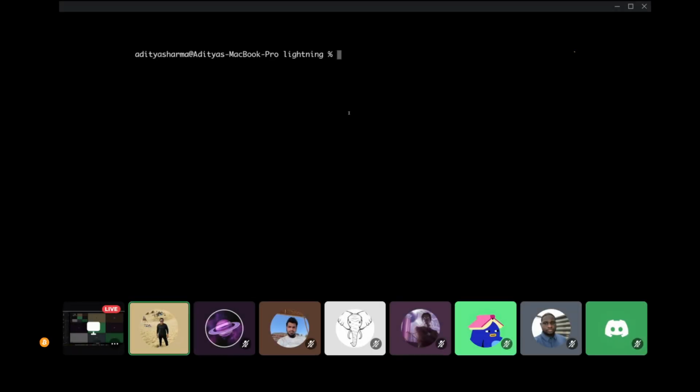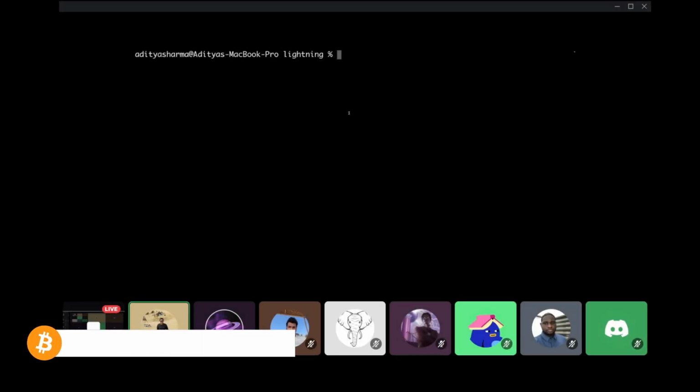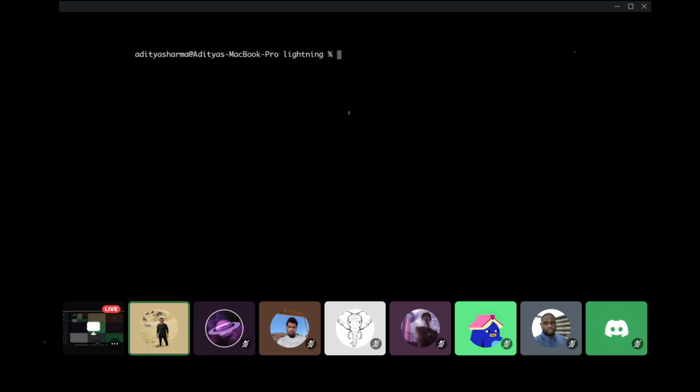All right. So the first part of today's workshop was to try out Bolt 12 offers through Core Lightning. As discussed in our previous workshops, I guess we all know how to set up a Core Lightning node and run the startup regtest shell script.